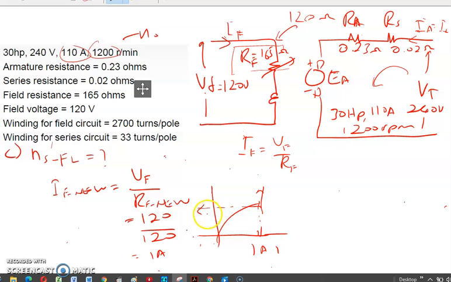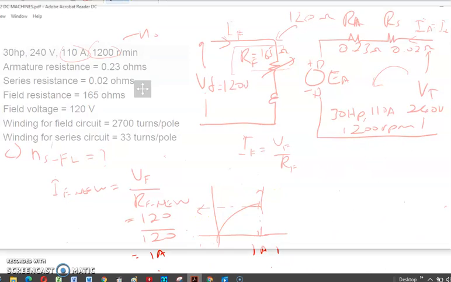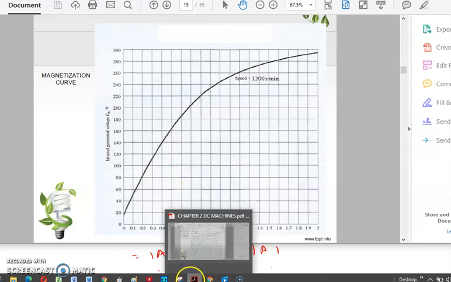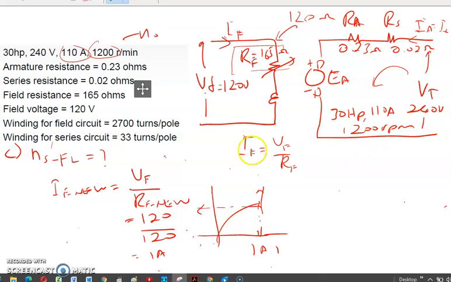So we shall get from our curve, 1 ampere goes to 245 like that. With 1 ampere, we go to 240, 250, so 245. So we shall get 245 in terms of the new EA.